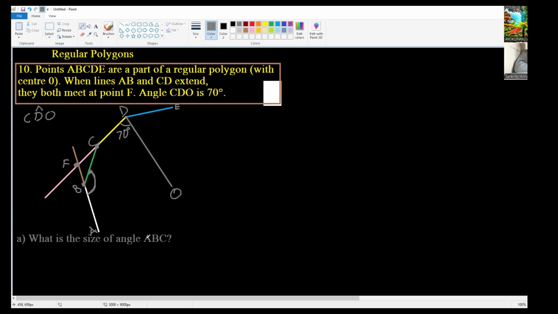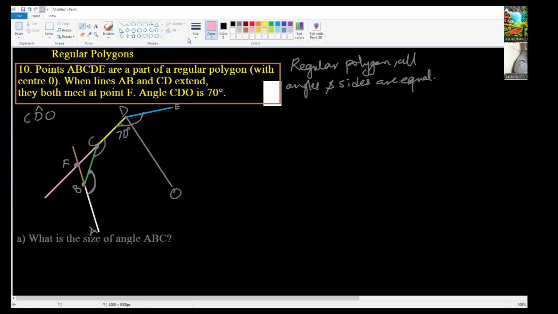To get the size of ABC, if we can find the size of this or the size of this, then it will be the same as all of them, because for a regular polygon all of the angles are equal. In a regular polygon, all angles and sides are equal. So we need to remember this.